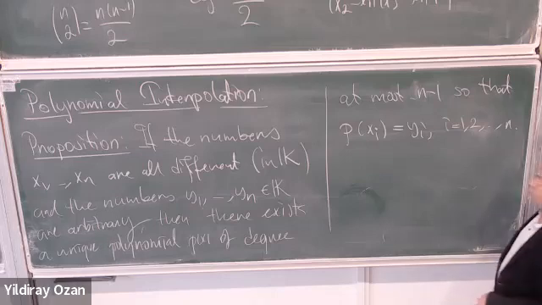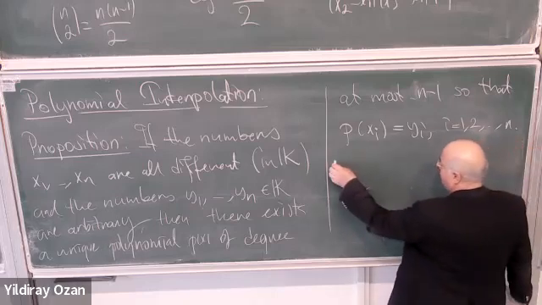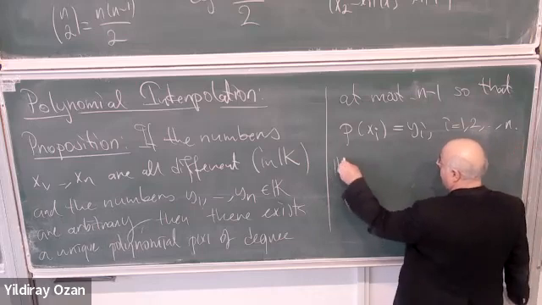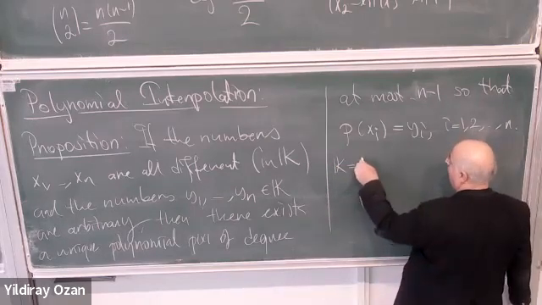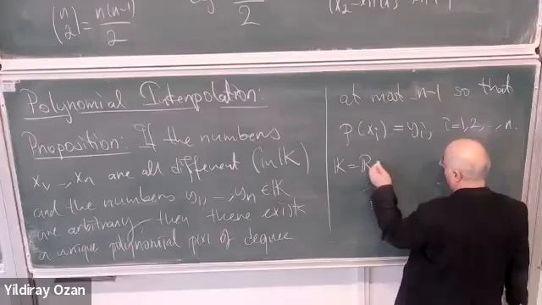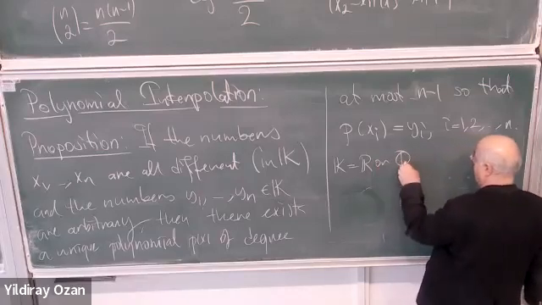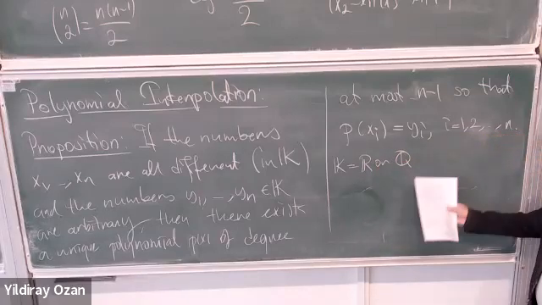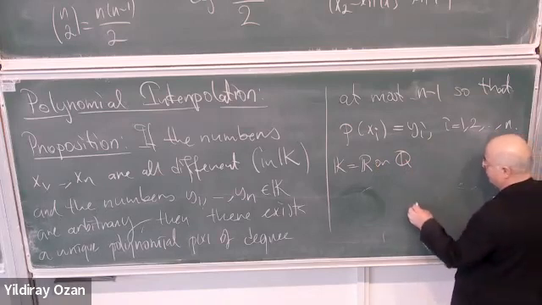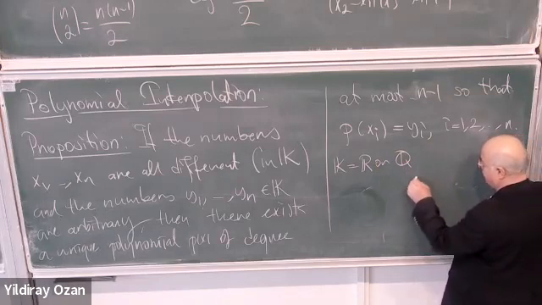What this says is, for example, if you choose the field to be R or Q, then we may picture this in Cartesian coordinates.